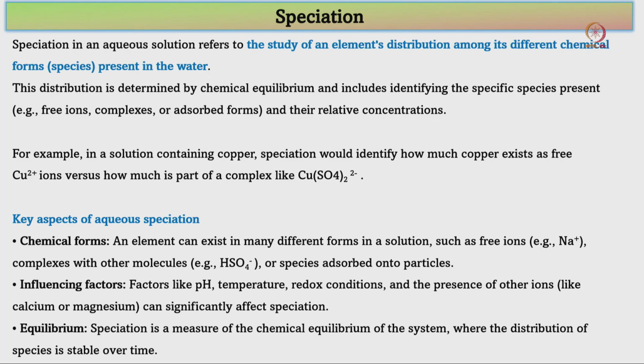Okay. So, for example, if you are measuring copper in a particular instrument, the entire copper gets ionized and is measured there. But when it is in the dissolved state, it is not exactly present as copper ion.